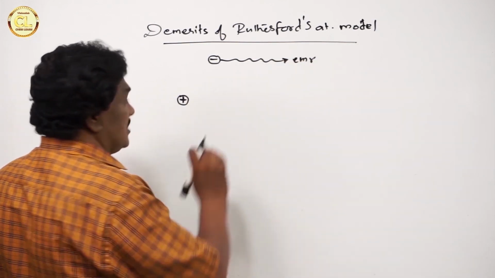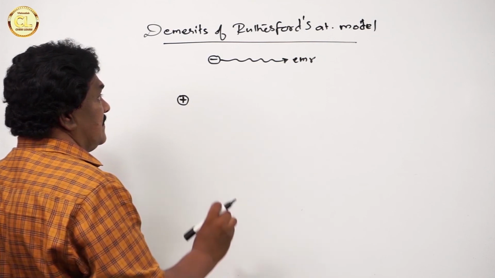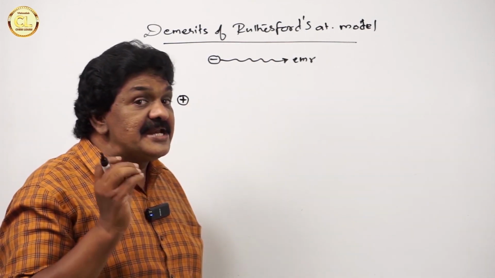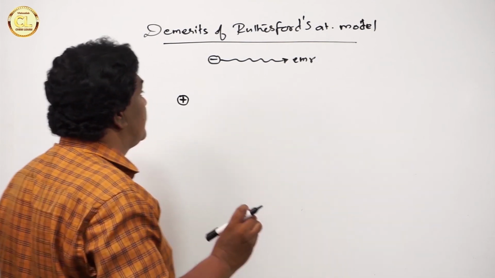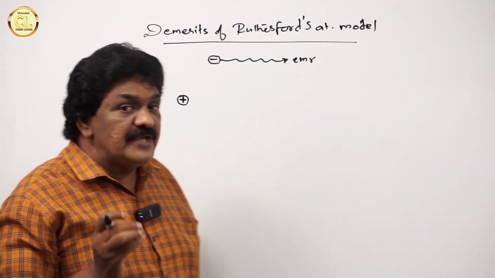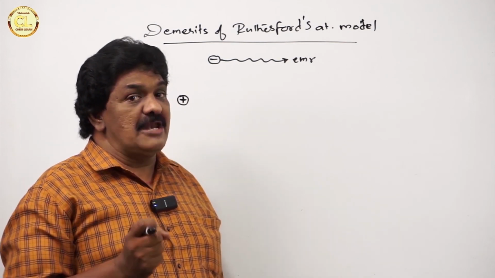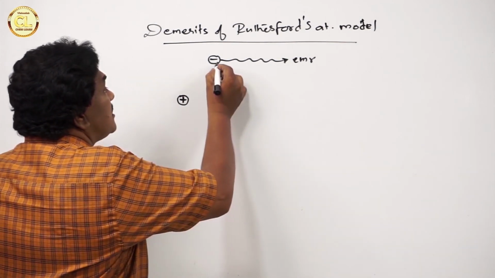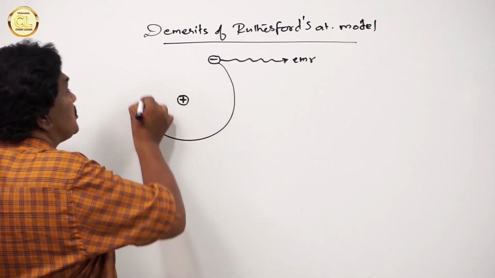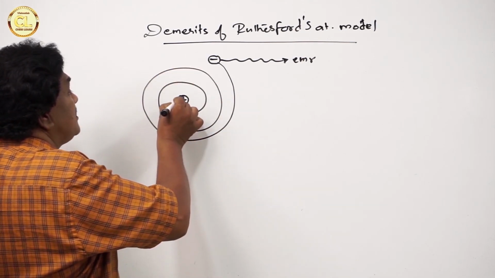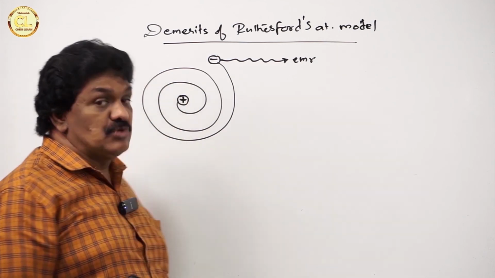See, this energy, losing energy or liberated energy, is at the cost of the kinetic energy of the electron. Therefore, kinetic energy of the electron gets reduced and it will be attracted more strongly by the nucleus. So, it comes closer and closer to the nucleus and take a spiral path, finally fall into the nucleus.